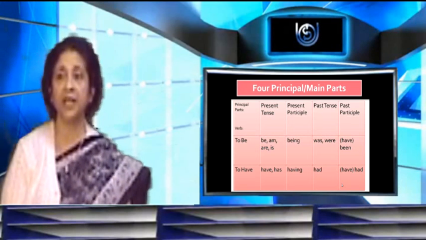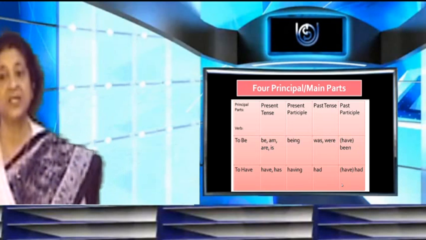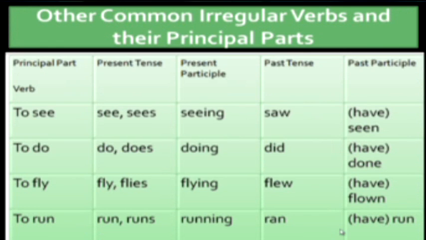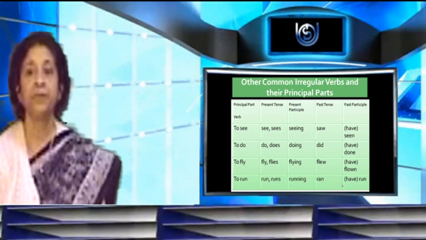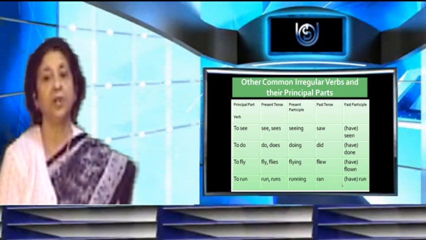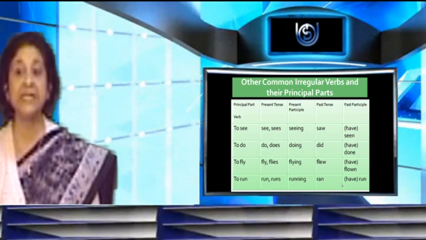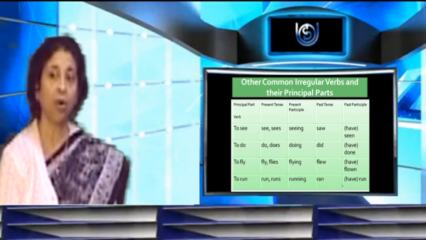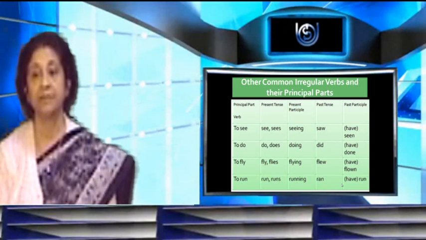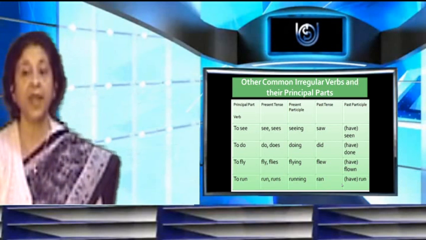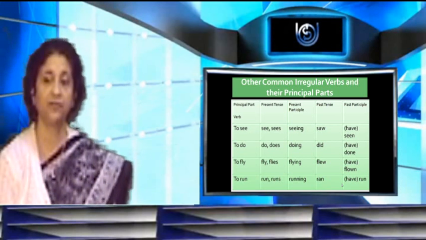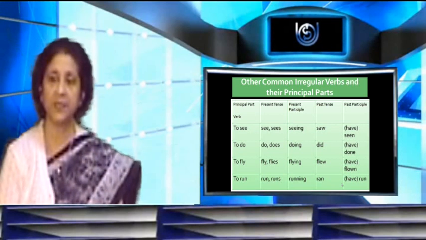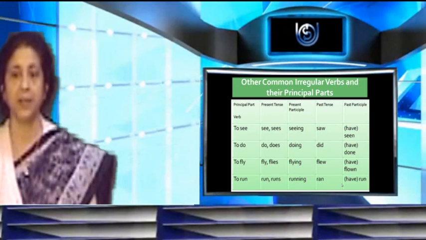Now other common irregular verbs and their principal parts. You just go through the chart on the screen and you'll be able to understand the difference between the regular and irregular verbs. To see, sees, seeing, saw, have seen. See, saw and seen. So this is first form, second form, third form: present, past, past participle.